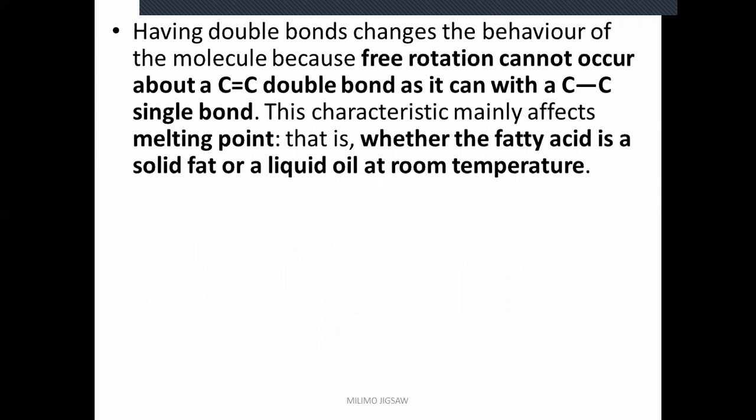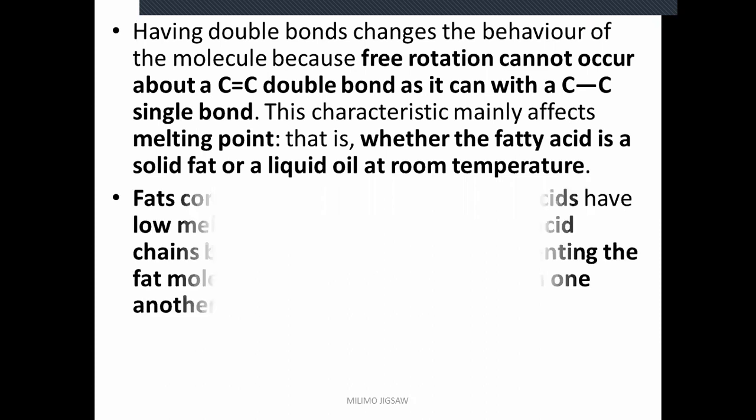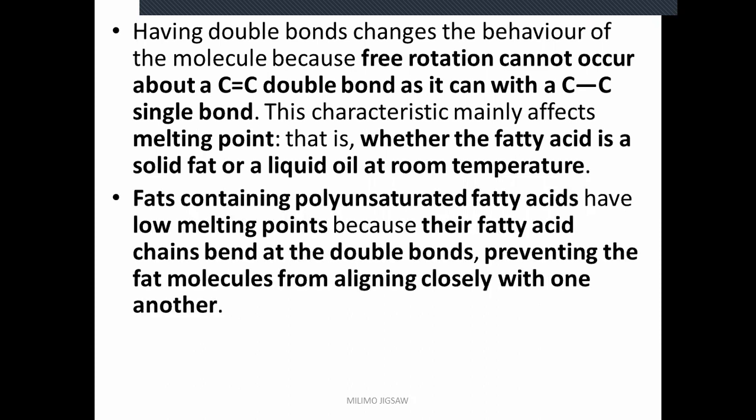We've already explained that the double bond changes the behavior of a molecule, because free rotation does not occur about a carbon-carbon double bond as it can in single bonds. Owing to that, fats that contain unsaturated fatty acids will have a low melting point.